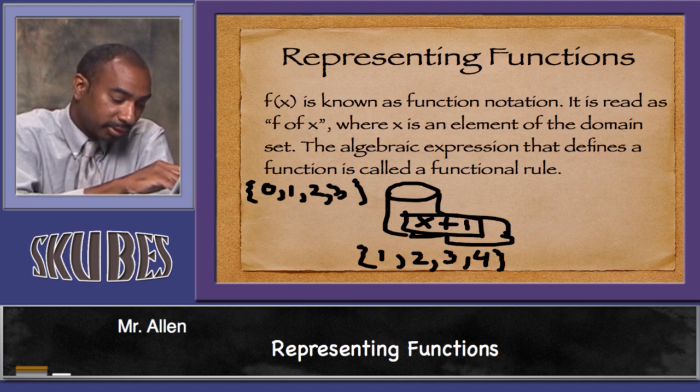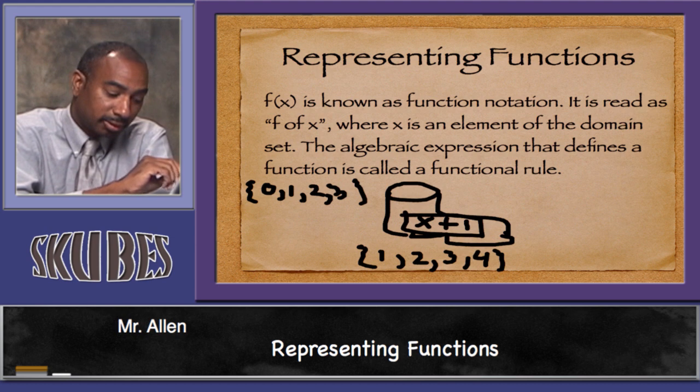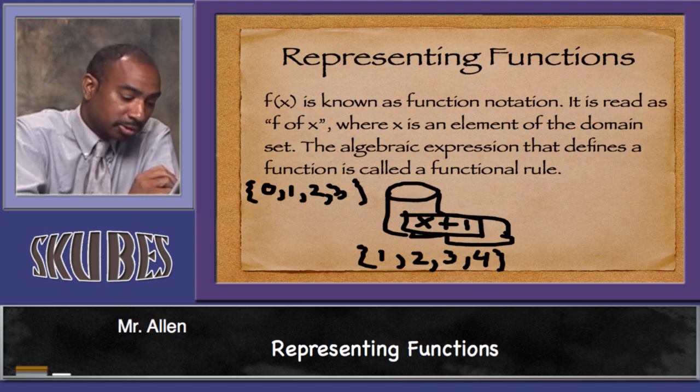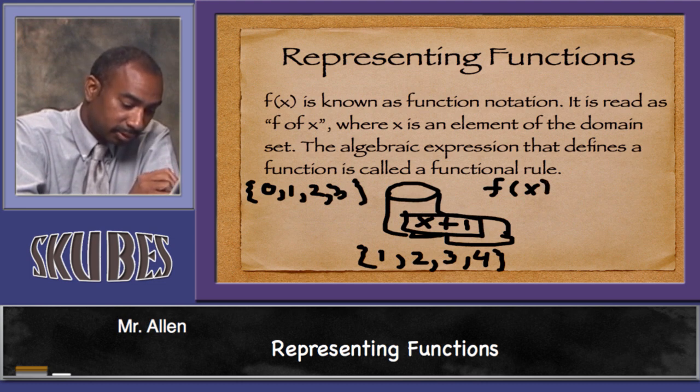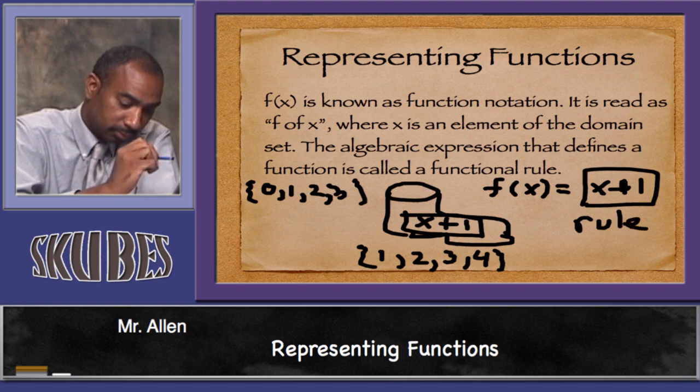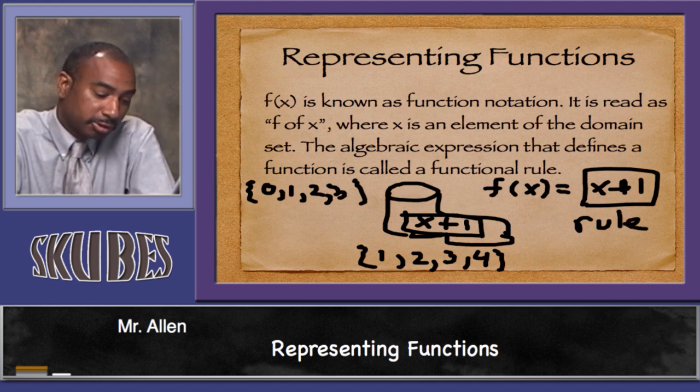It says that for every number that you input into this machine, you have to add 1 to it. So the way we write it algebraically, in general, will be f(x), where x represents any number in the set of the domain, equal to x plus 1. And this will be called my functional rule. That's what tells the function what to do.